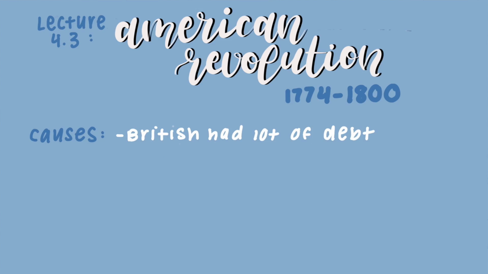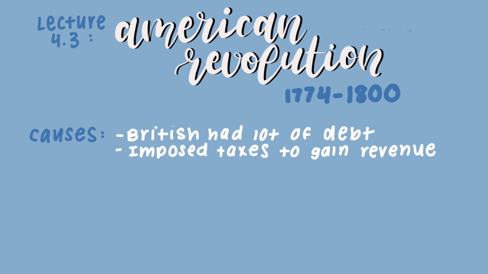One of the major causes that I identified was that the French and Indian War had just ended and the British were left with a lot of debt that they needed to pay. So in order to gain revenue, they began taxing the American colonists. This definitely angered the Americans because all the taxes they were paying to the British were going to the British, not even the US.